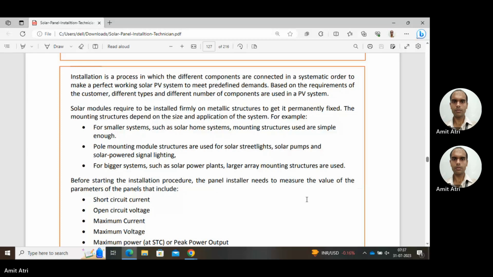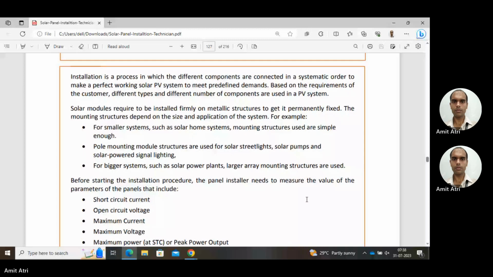The mounting structure depends on the size and application of the system. For example, for a small system like a solar home system, the mounting structures used are simple. Another type of application could be street light, where a pole mounted structure is used. On the pole where the street light is connected, we can install the panel on a proper structure on the pole itself.